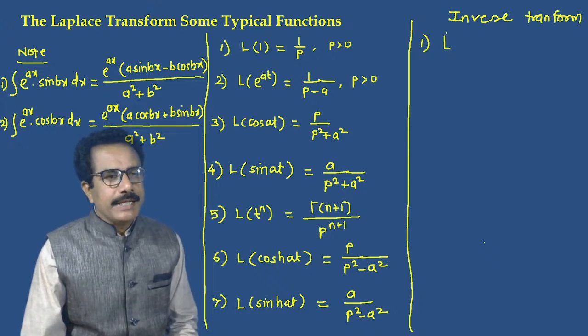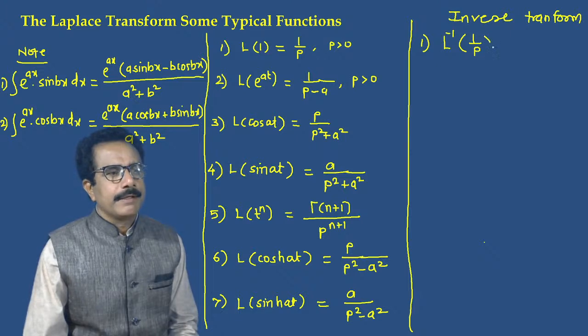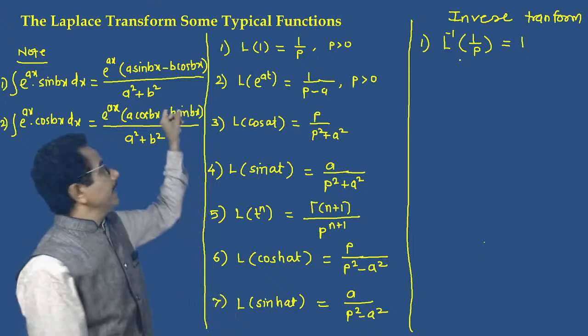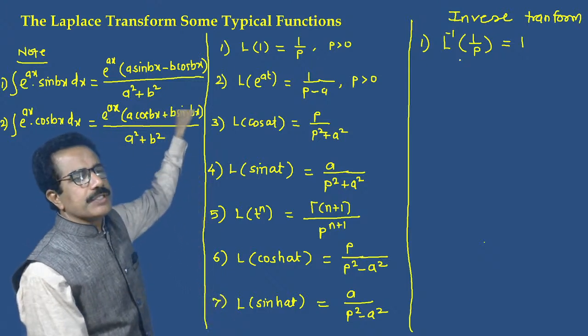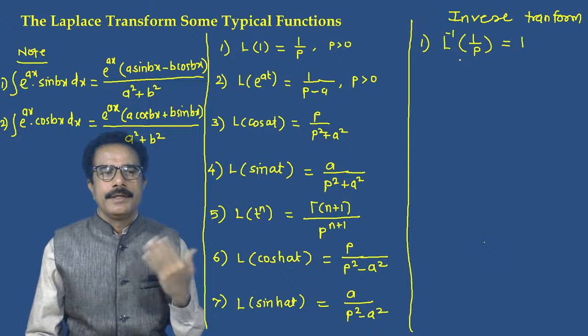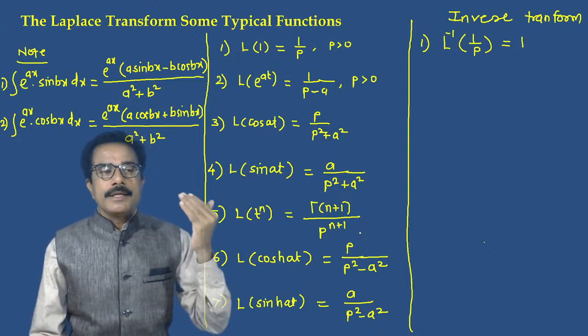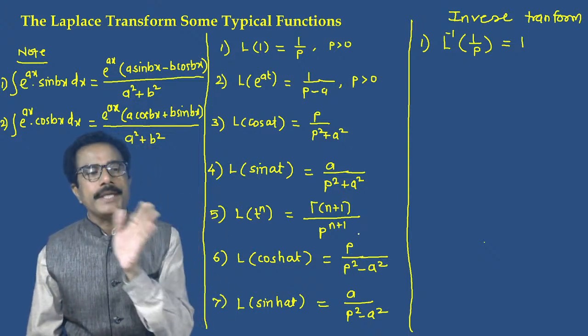That is L inverse of 1 upon p is equal to 1. See this, if the Laplace transform of 1 is equal to 1 upon p, then we can write L inverse of 1 upon p is equal to 1.